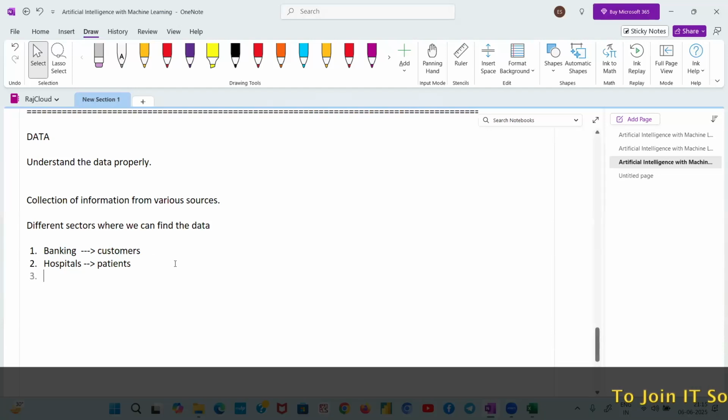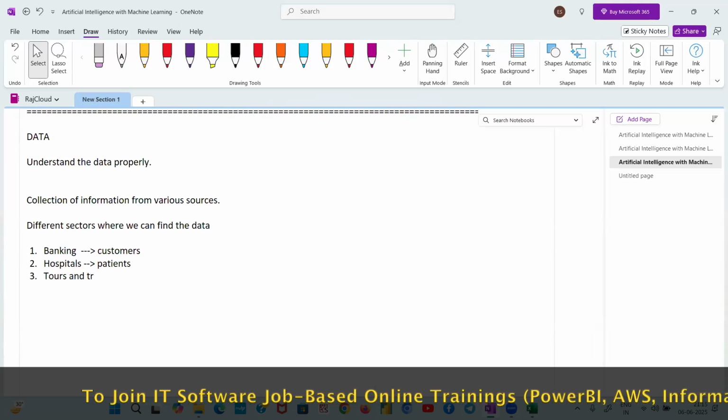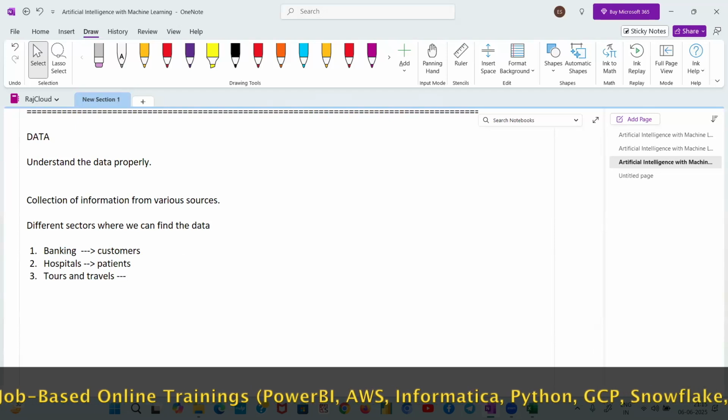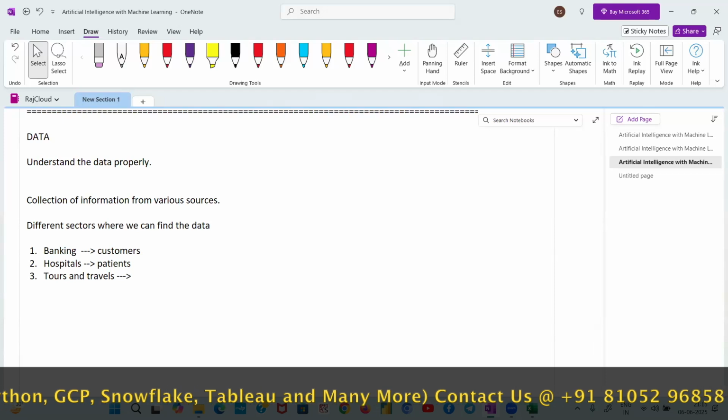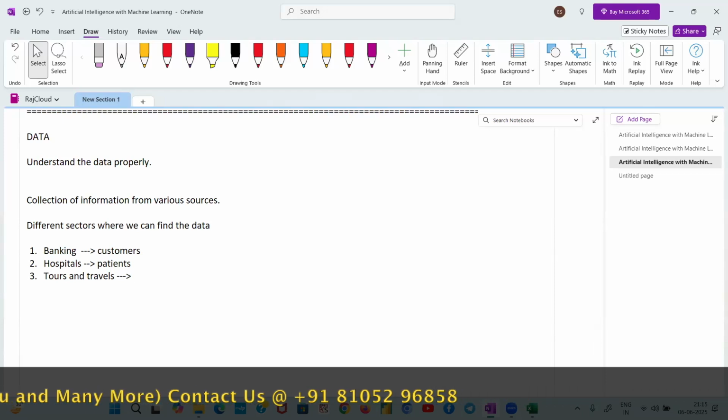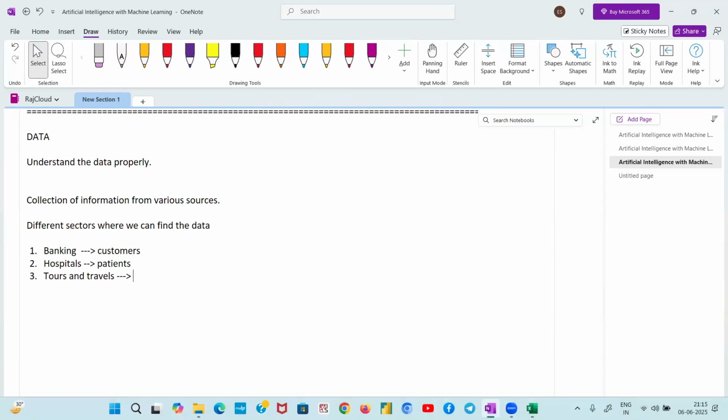Next one, what else? Tours and travels, right or not? Tours and travels means what? Wherever you purchase tickets, nowadays we have a lot of apps, bus route apps, RedBus, whatever, and a lot of websites to purchase your travel tickets, either for railways, aeroplanes, buses or any private services.